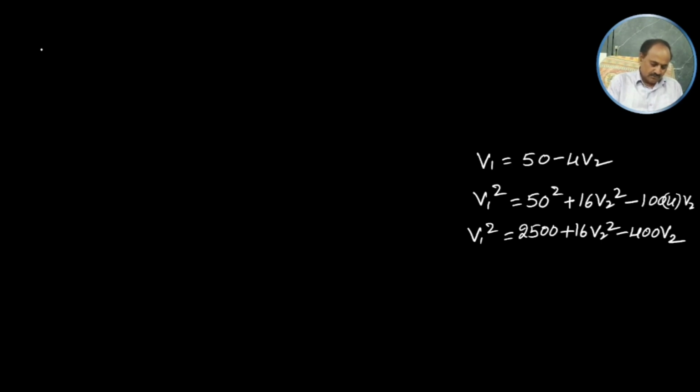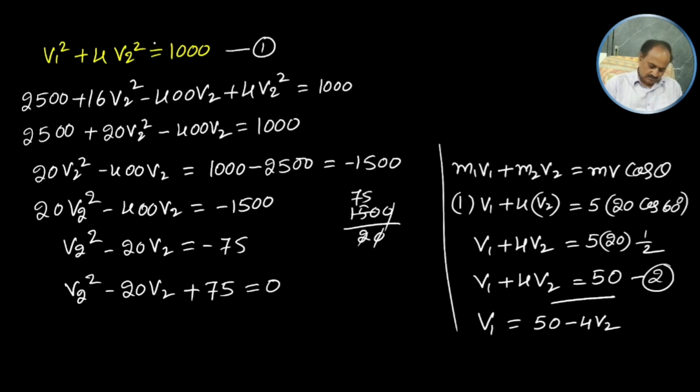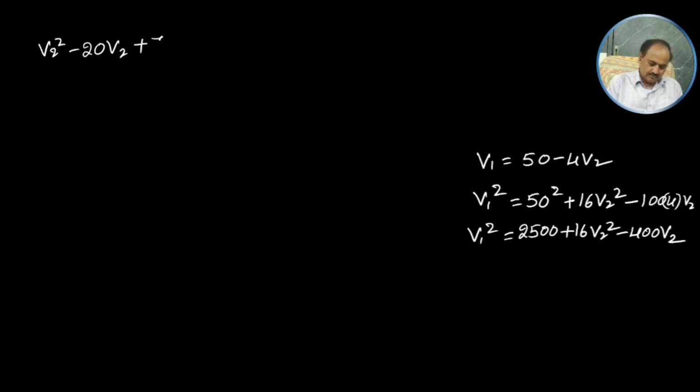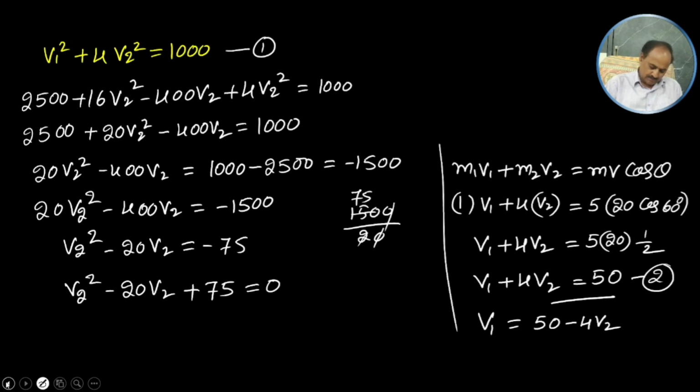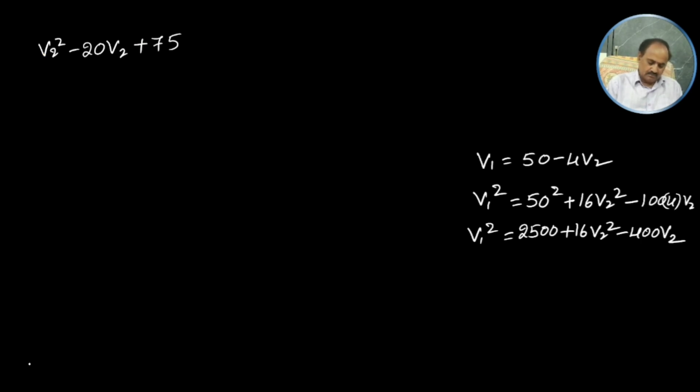Here you got V2 square minus 20 V2 plus 75 is equal to 0. Now it is in the form of quadratic equation ax square plus bx plus c equal to 0.